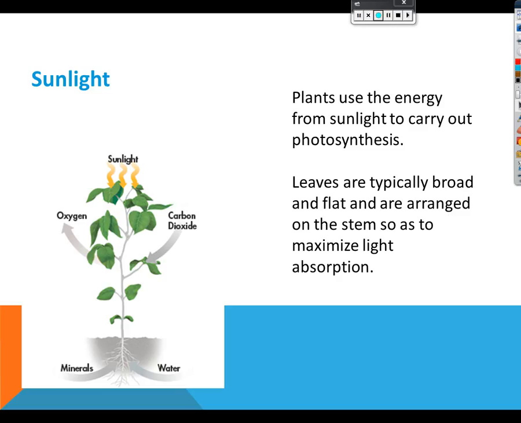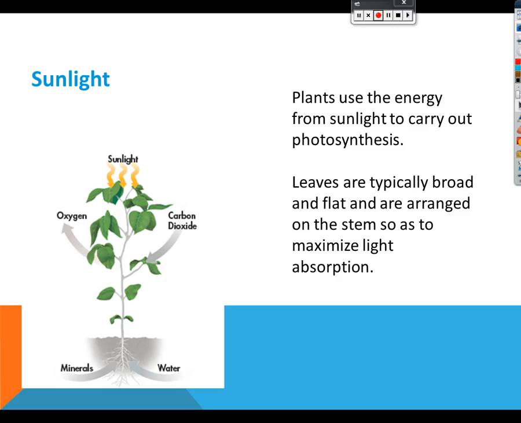Now, why is that kind of important? Because again, the more surface area you have for the leaf, and you've got to think of the leaf as kind of like the solar panel for the plant. Well, if the objective of the plant is to take in sunlight, then the bigger the leaf, the more sunlight it can absorb in that chlorophyll. Or in the chloroplast, the structure itself in the leaf that goes through photosynthesis.